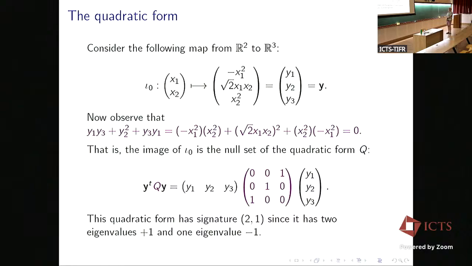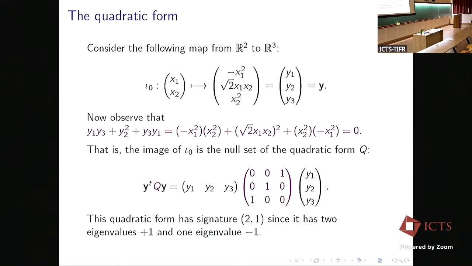Well, y1 y3 plus y2 squared plus y3 y1, that's a quadratic form on R3. And so what I'm saying is that this y is in the null set of a particular quadratic form. Fortunately, it's an indefinite quadratic form, and so it's not that everything goes to 0.